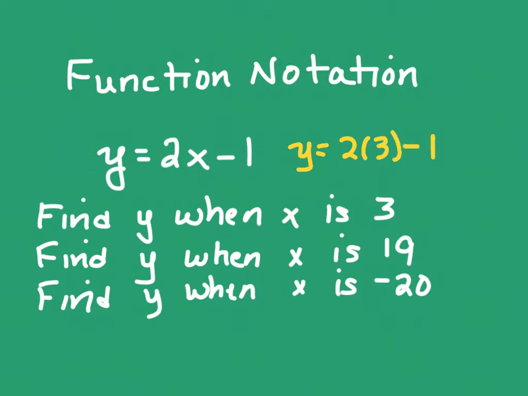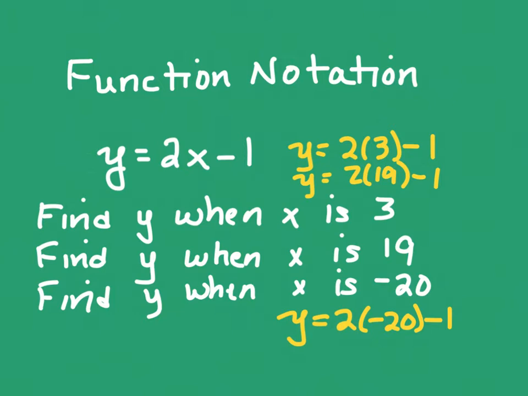I could also ask you to find y when x is 19. You would do y equals 2 times 19 minus 1. I could ask you to find y when x is negative 20. You would do y equals 2 times negative 20 minus 1.